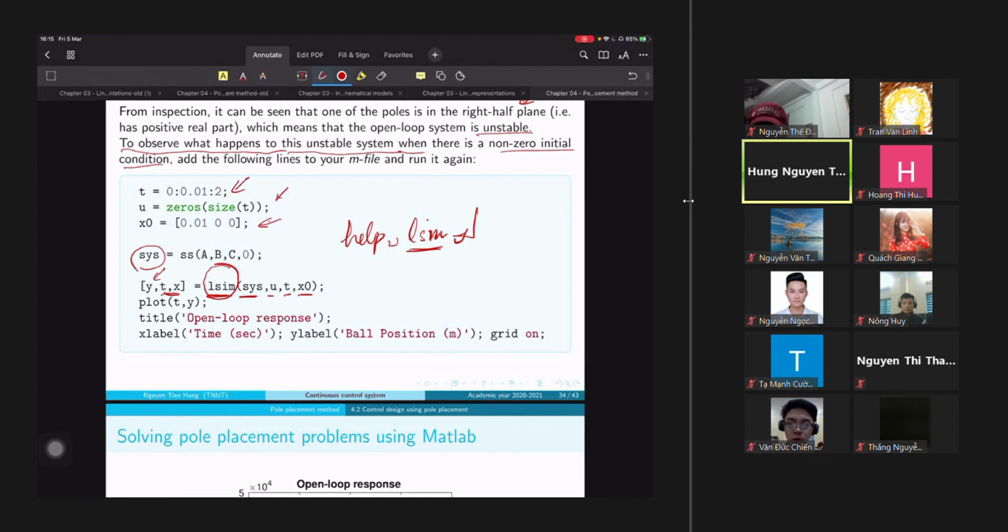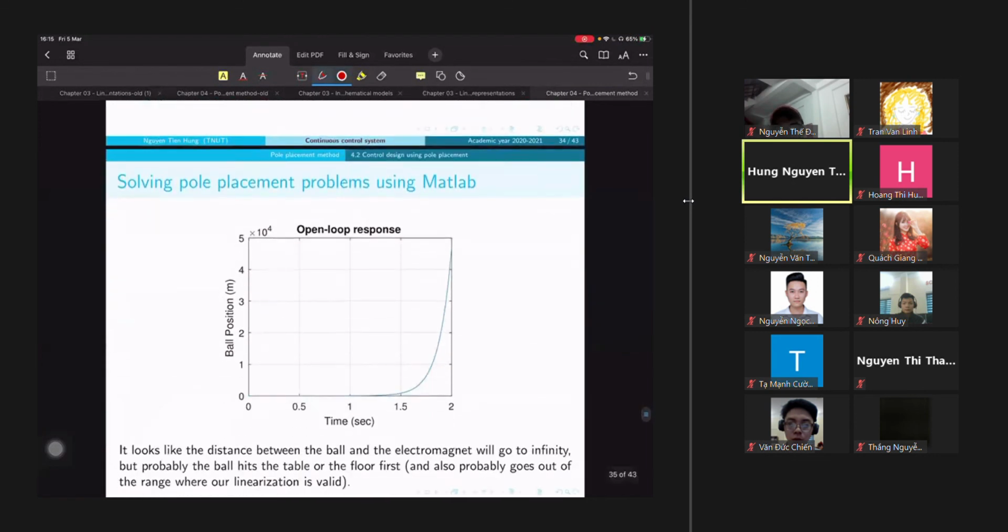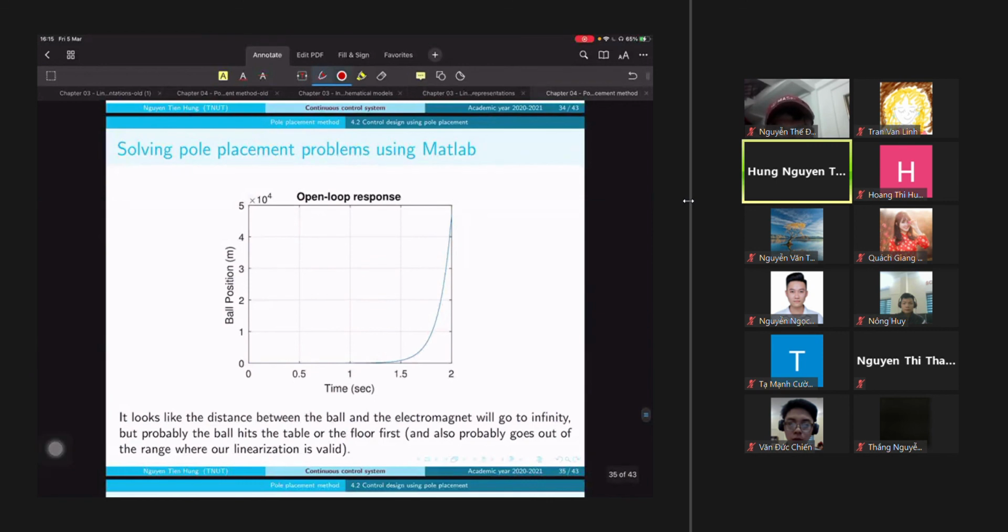What I try to show you here is just to investigate the system using MATLAB code to understand more about the system. You see this is the output, the ball position, and it starts from 0, but now it moves up like this very quickly. It looks like the distance between the ball and the electromagnet also goes to infinity.